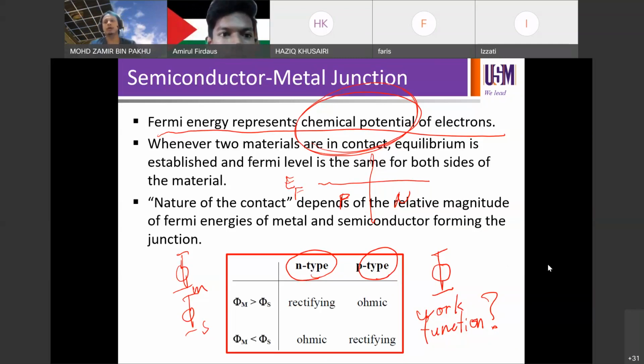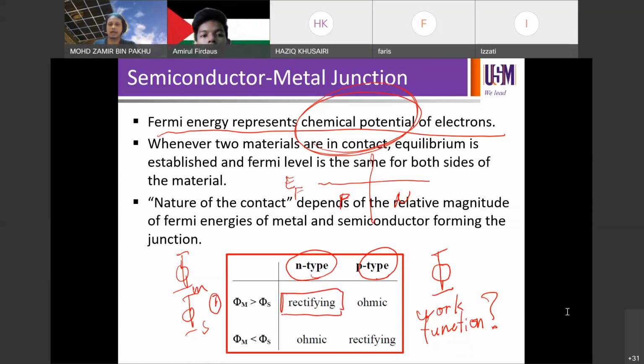So in order for us to know whether we're going to end up with ohmic contact or Schottky contact, for example, case number 1, if the work function of the metal is higher than the semiconductor, and you use that contact on N-type silicon, then you're going to end up with a rectifying contact.